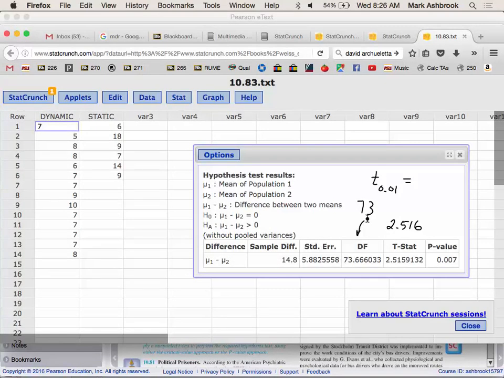Is that on your table? No, there's 70, but 2.381.